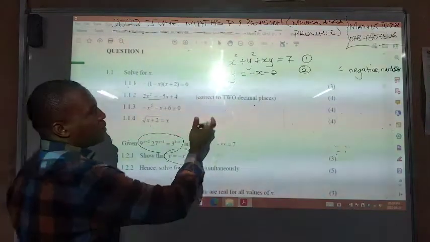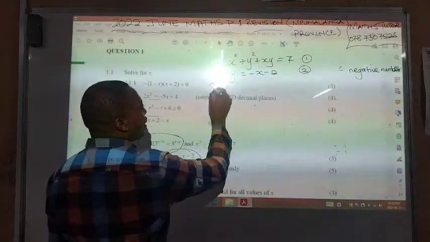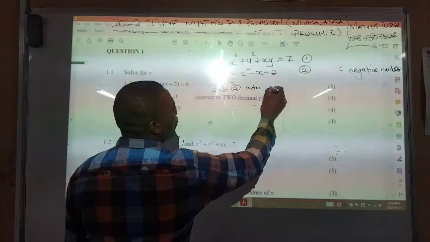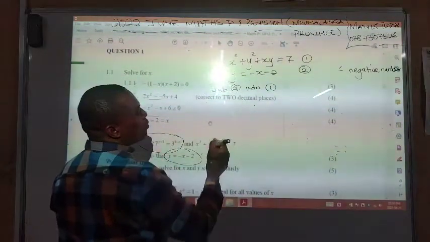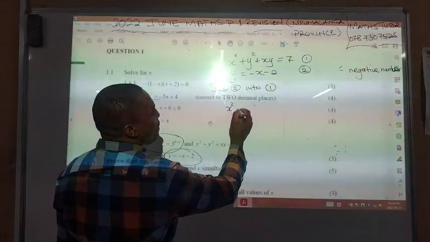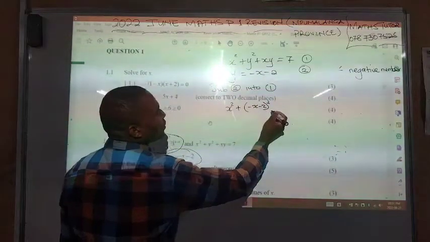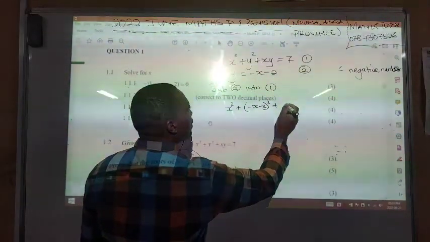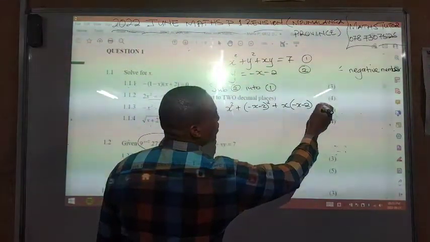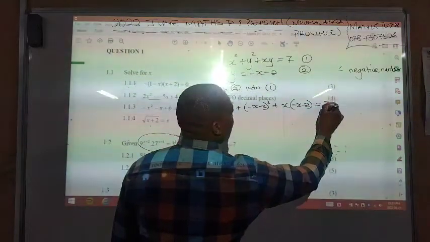Now for this, it becomes simple because y is already the subject. So you are simply saying substitute equation 2 into 1. Where there is y, we'll put minus x minus 2. So we have x squared plus (minus x minus 2) squared plus x into (minus x minus 2) is equal to 7.